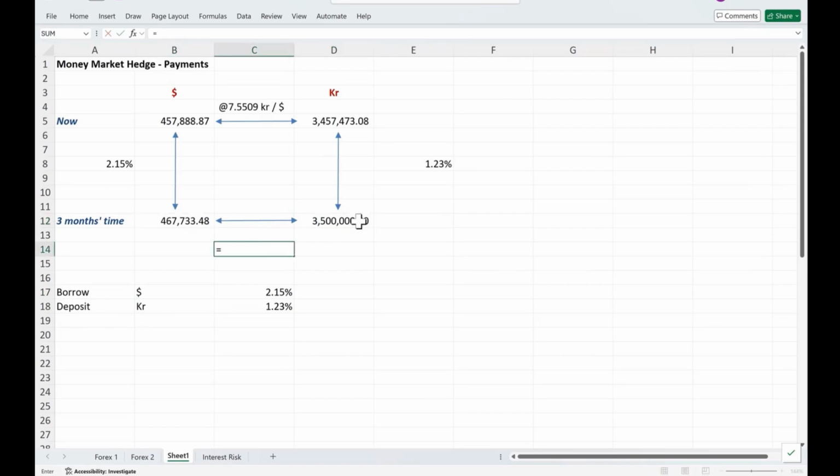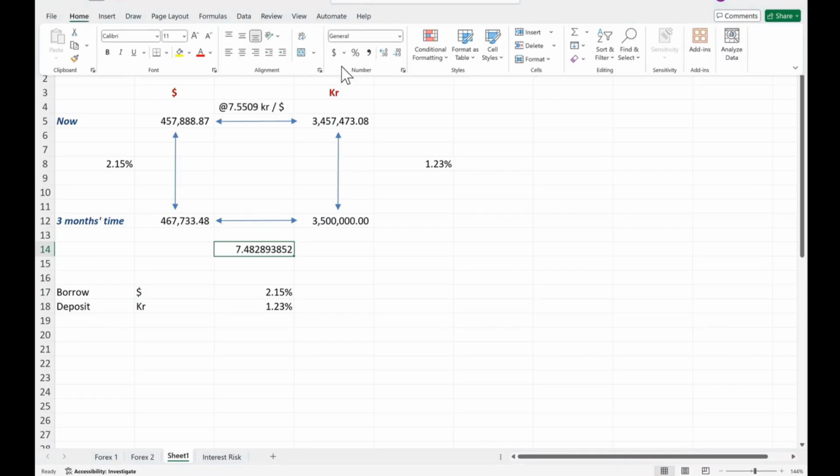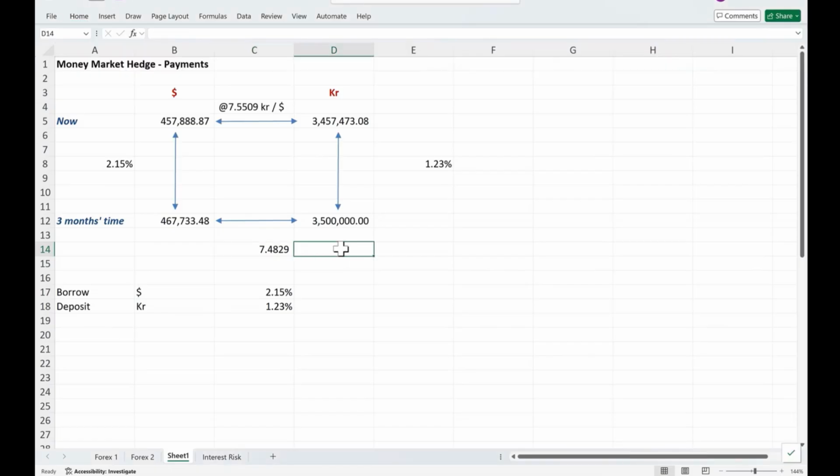Yes, how? This divided by this. My rate is locked at 7.4828. I don't need to worry. My rate is locked at this amount, kroner over dollar. This will be your effective exchange rate, your net exchange rate.